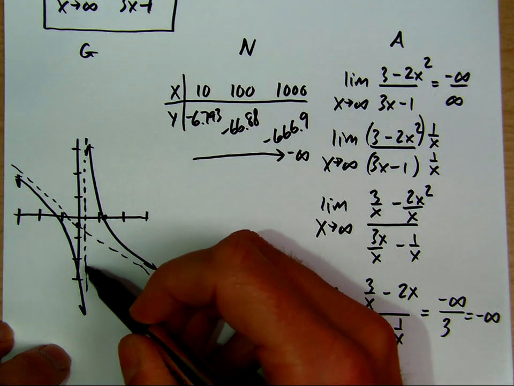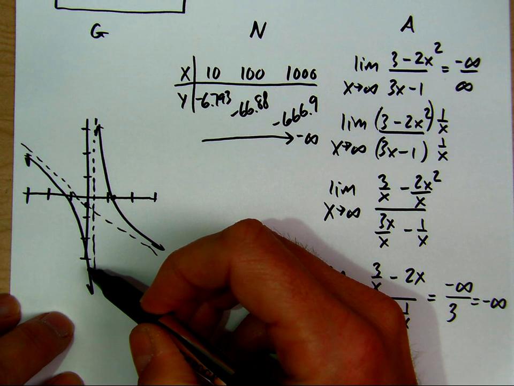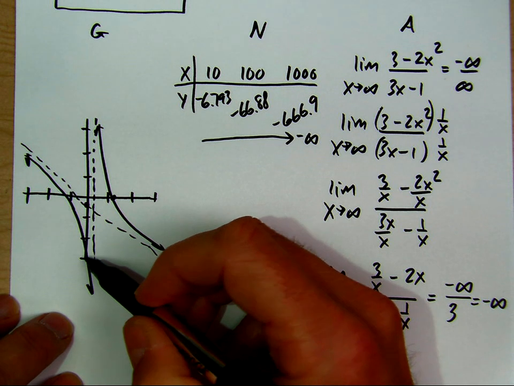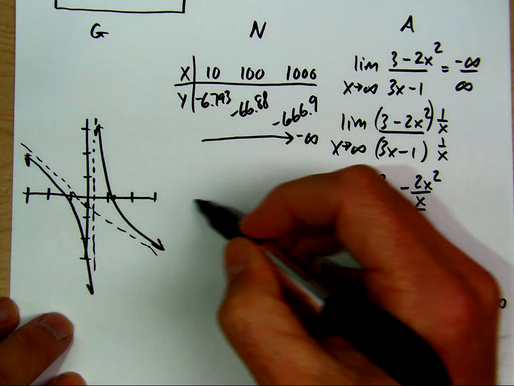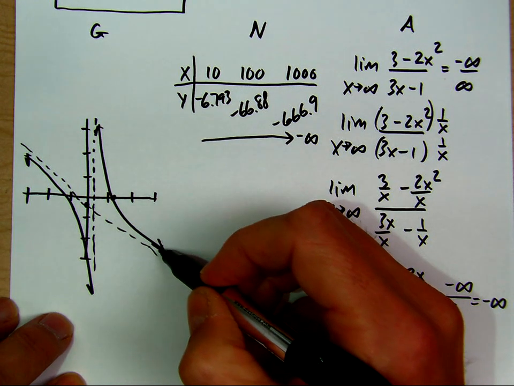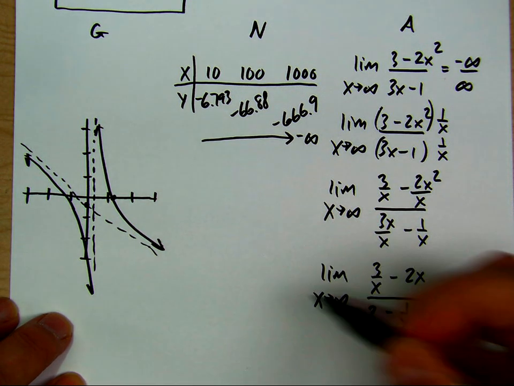And the intercepts aren't accurate. This one's a little off. But all we're looking at is the behavior to the right. So what is the y value doing? As we go to the right, the y value is going to negative infinity.